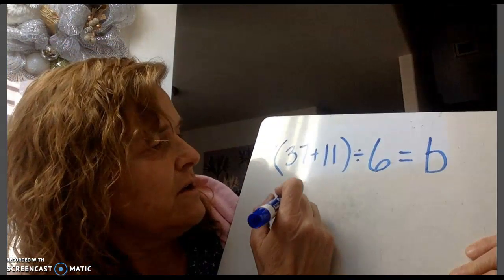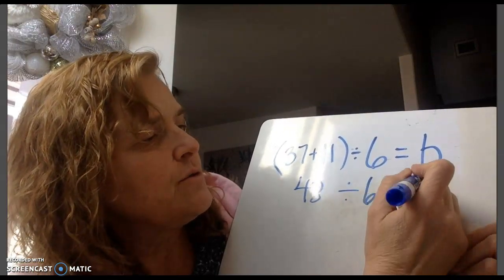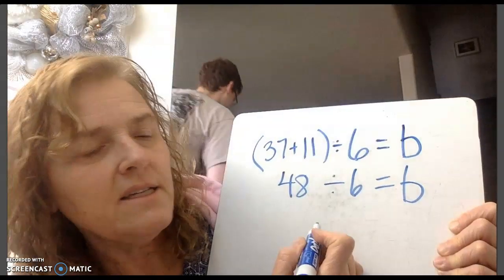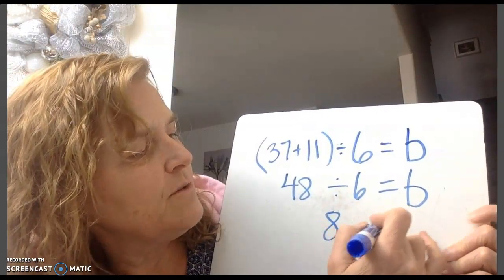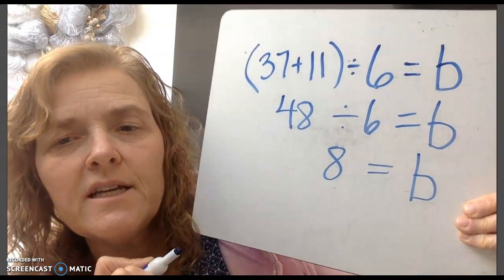So as we simplify, 48 divided by 6 equals B. 6 and 8 went on a date, so if I simplify this, there will be 8 books in each set.